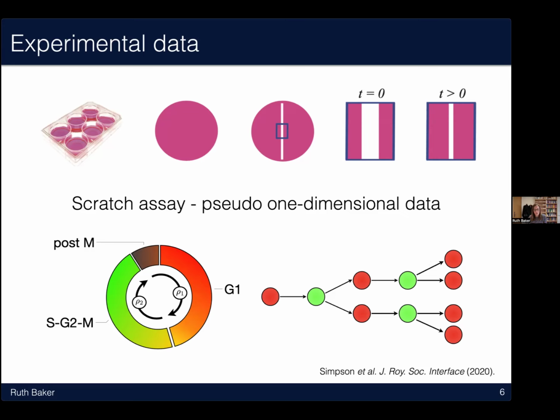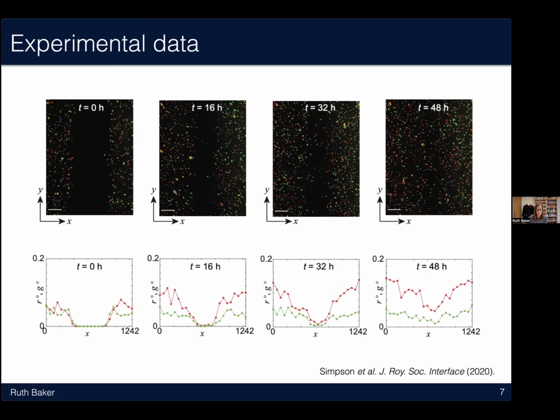So my models are all going to be one-dimensional, and they are going to have very simple descriptions of the cell cycle in terms of cells progressing through being red in G1, green in S/G2/M, and then dividing at the end of the second phase. So here's what the data look like if you effectively average in the Y direction to get this pseudo one-dimensional data.